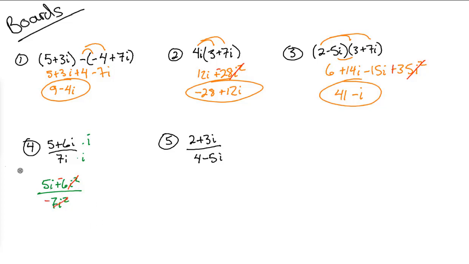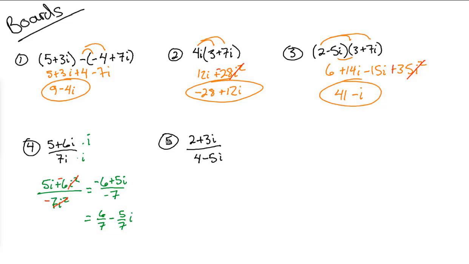And so we end up with negative 6 plus 5i all over negative 7. So writing that in official form, negative 6 over negative 7 would be 6 sevenths minus 5 sevenths i. And it could be written in either way. That's perfectly fine, either one of those.